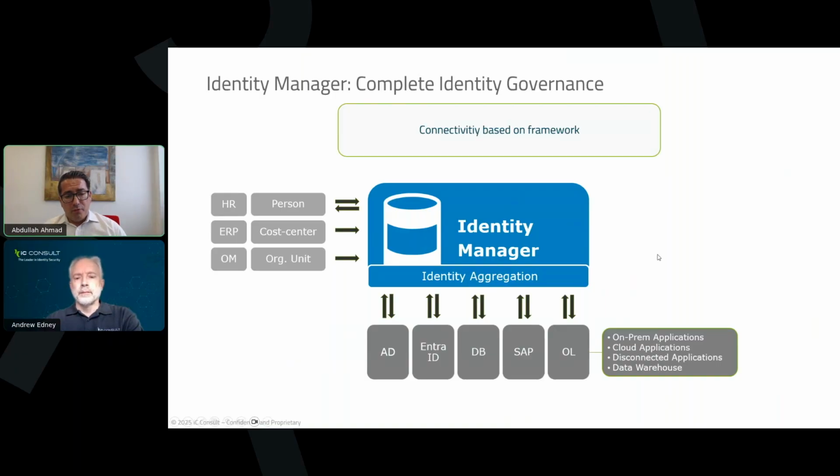We are providing connectivity based on a framework, and we are providing a lot of standard connectors for different target systems. Here you can see examples of Active Directory, Entra ID, different databases. We are covering all the SAP world, and we can connect to any on-prem application and any cloud application if there exist any kind of APIs.